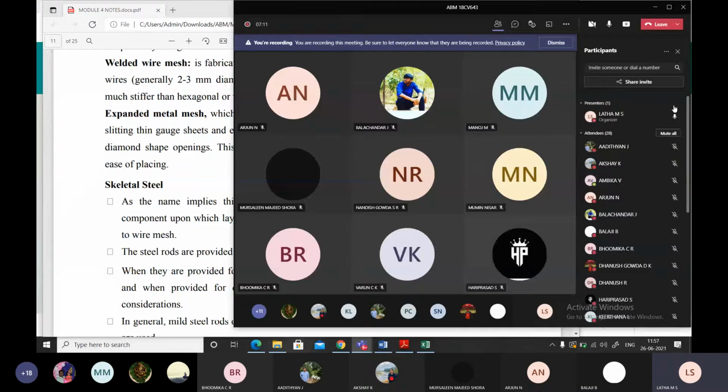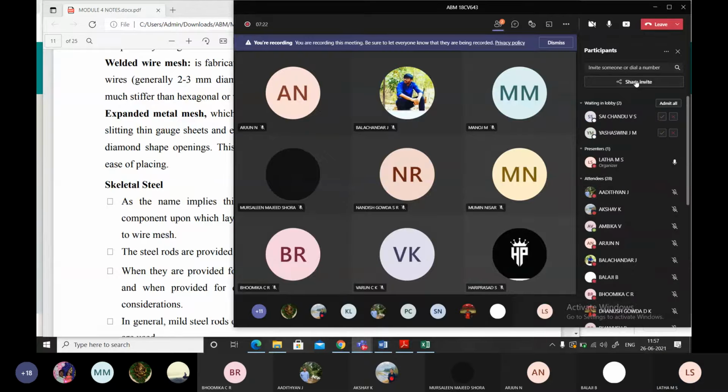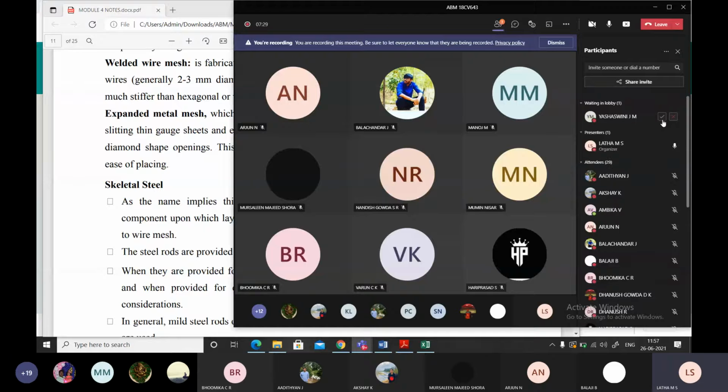Now coming to the portions of your second IA, it is normally two modules. After your first IA portion, it is the second module part plus the third module and half of the fourth module. So totally you will be having two modules.